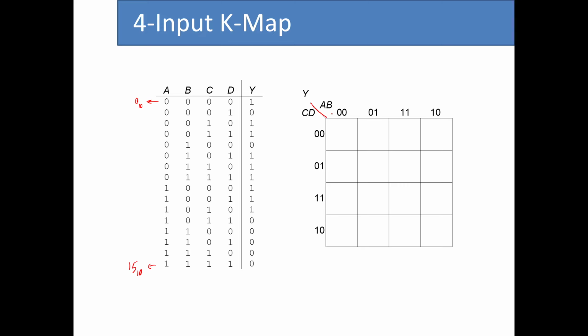Here, for representation of the columns, we use variables A and B, and for representation of the rows, we use variables C and D. Again, as before, we use the gray code for the representation, and the reason for that is we want to have only one change from when we go from one cell to its immediate neighbor, right?